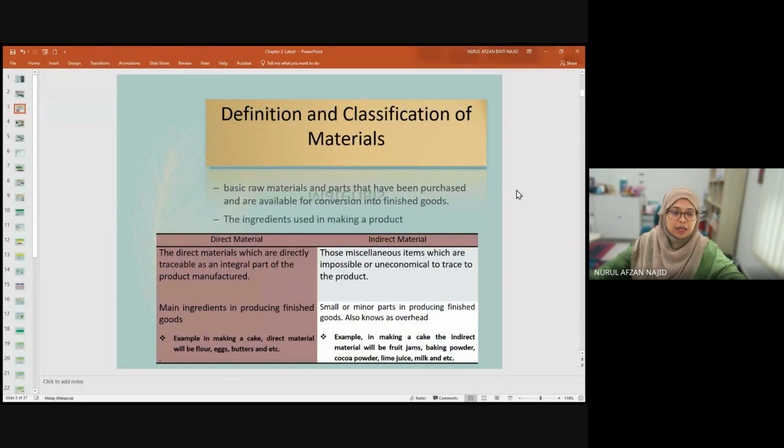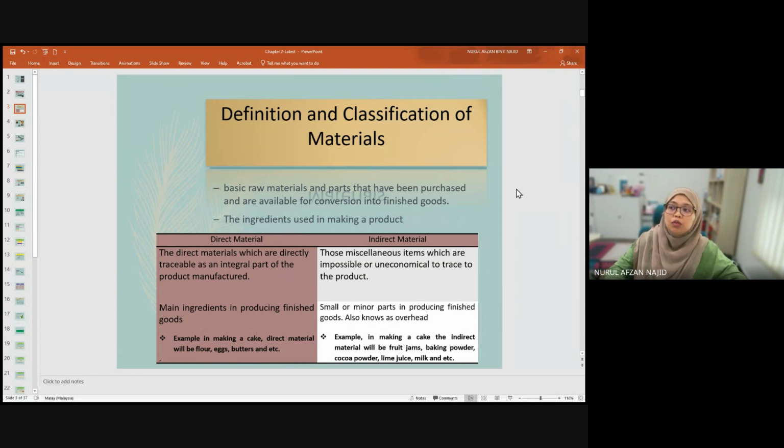So, this slide explains to you about the definition and classification of material, which I mentioned before, we have discussed this definition and classification of material in chapter 1. When we discuss ataupun we touch on how the cost is classified using traceability or identifiability.